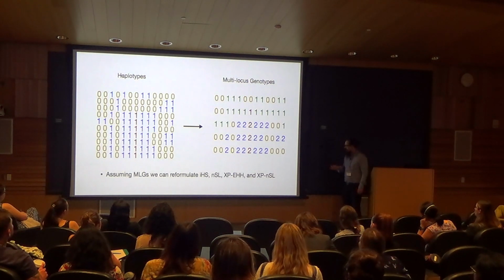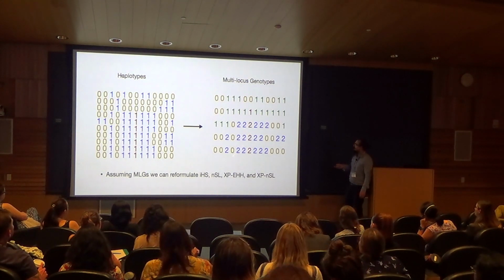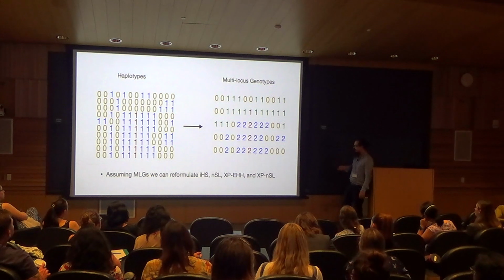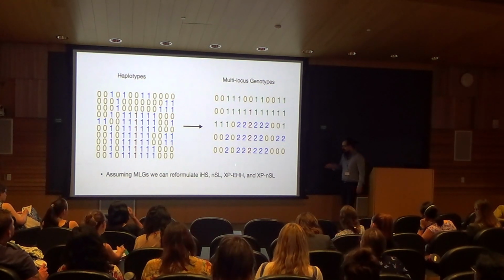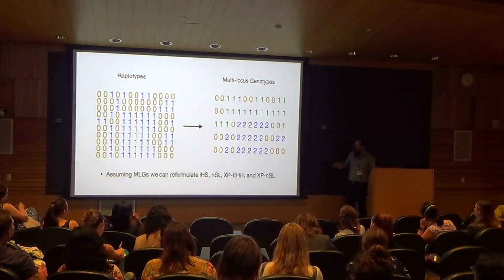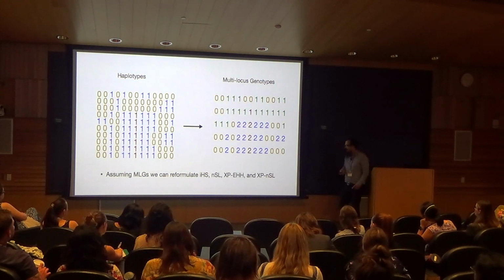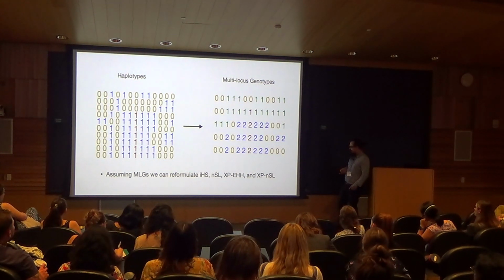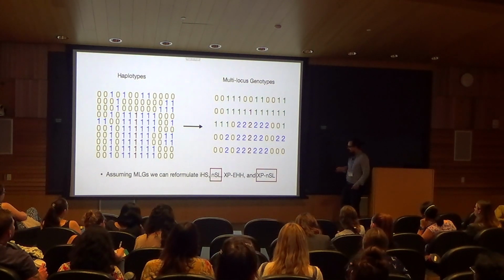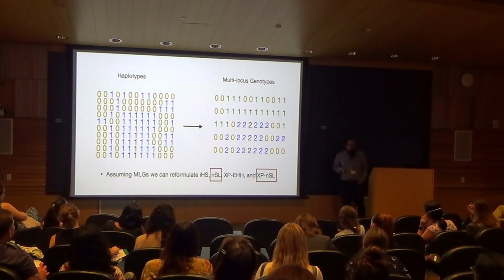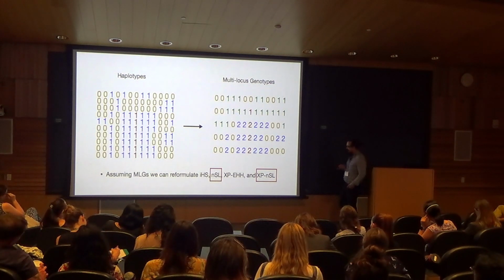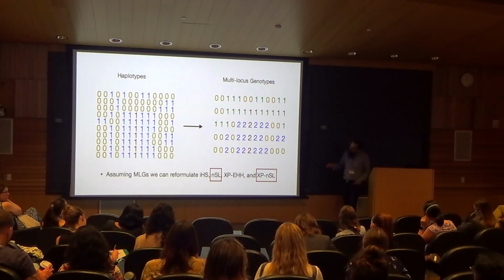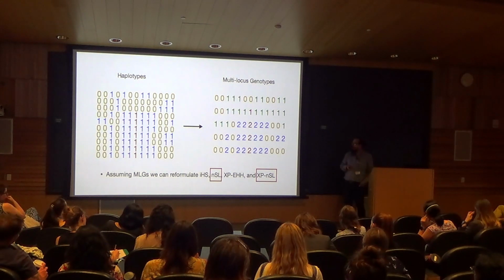So assuming that we have these multi-locus genotypes instead of phased haplotypes, we can reformulate iHS, nSL, XP-EHH, and XP-nSL. I'm just going to show you some results for these two, nSL and XP-nSL. They're generally the same for iHS and XP-EHH, but these look just ever so slightly better.